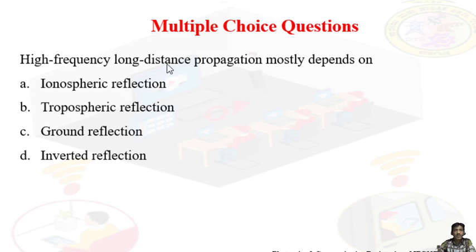High frequency long distance propagation. What is the answer? Option A. Ionospheric reflection means we are using the high frequency by sky wave propagation. It also covers the long distance.